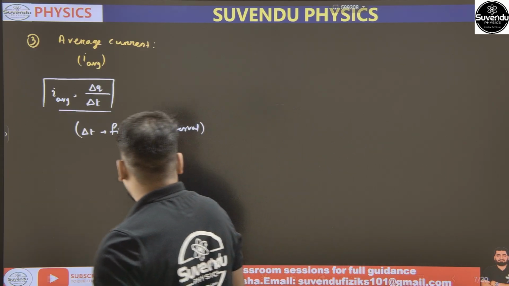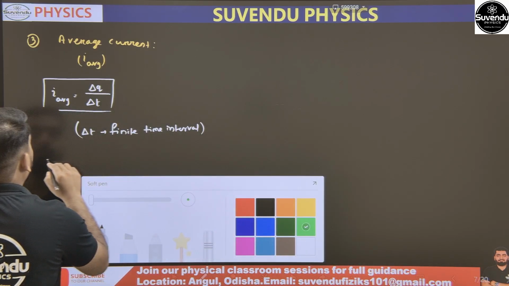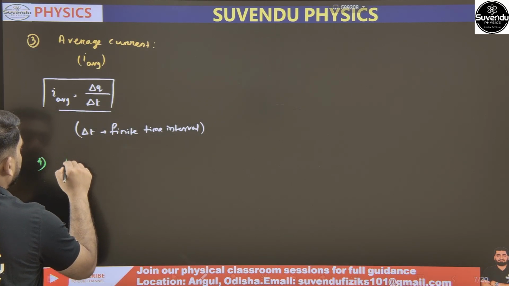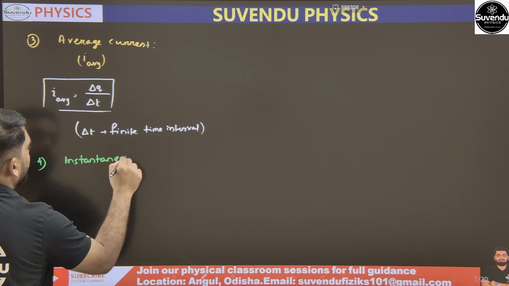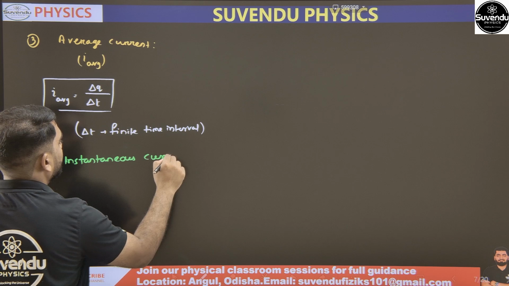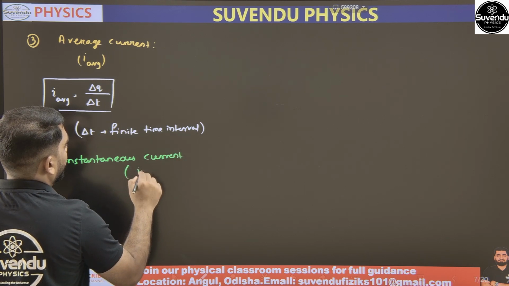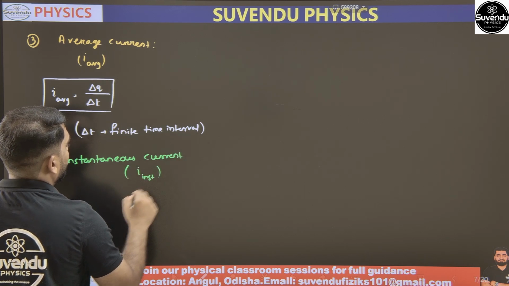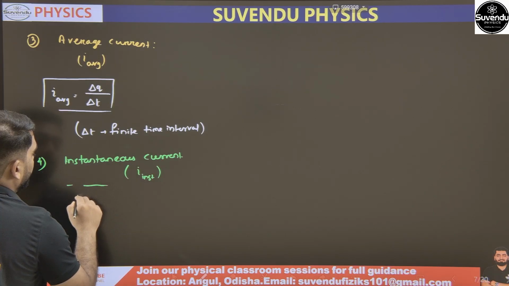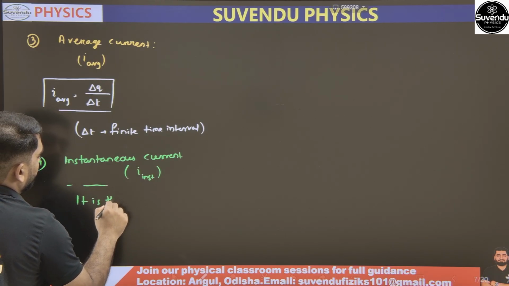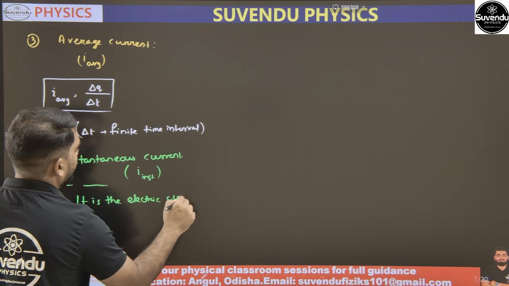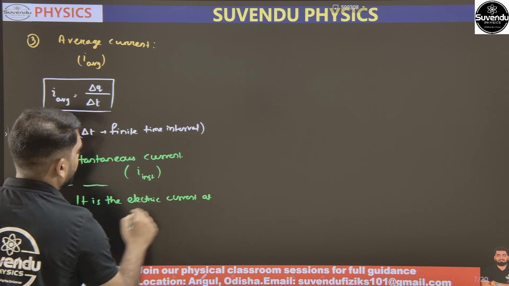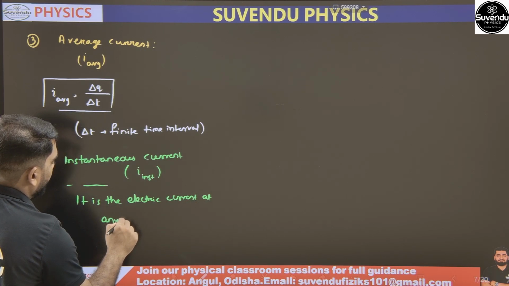Okay, don't worry about that thing. This is average current. And in the last part, the fourth variety is our instantaneous current, denoted by I instantaneous. It means it is the electric current at any instant of time.